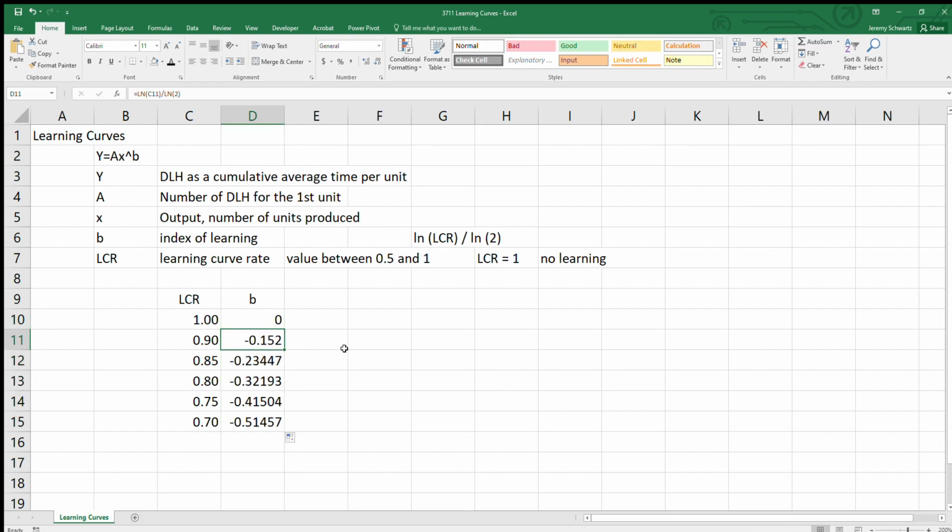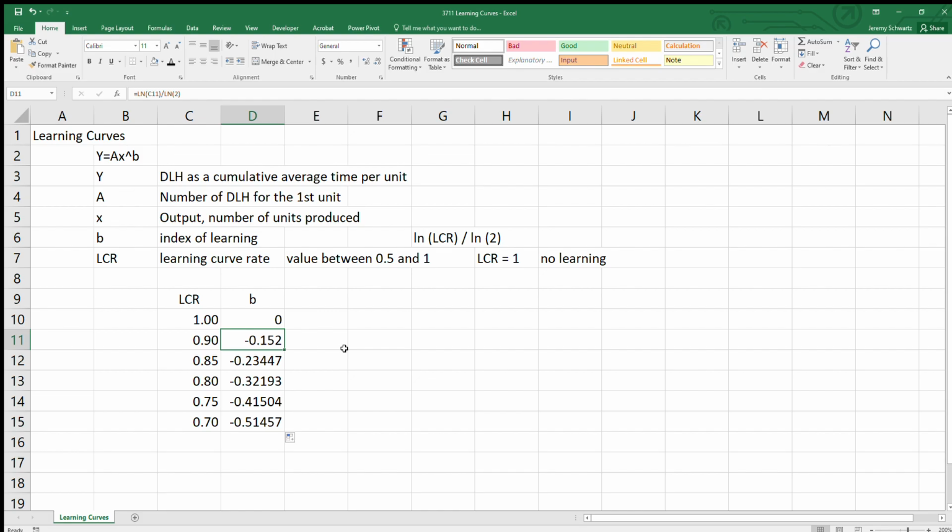notice that as the learning curve rate declines, this exponent becomes larger in absolute value terms. And this is where students sometimes have some challenges, because they see this learning curve rate as something where, okay, if it's a 90% learning curve, that's a lot of learning.